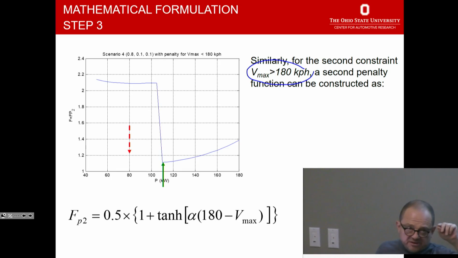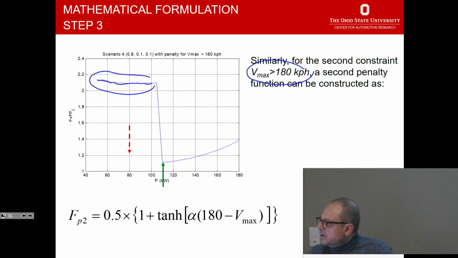One that forces the times from 0 to 60 to not exceed 12 seconds by much, because you pay a penalty, and one that forces the top speed to not be much lower than 180, otherwise you incur a significant penalty. That same optimization now is going to change, and I am going to further expand.